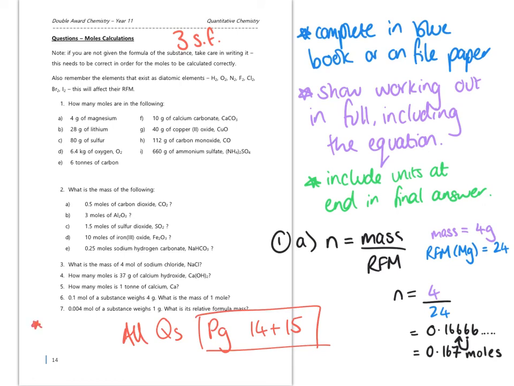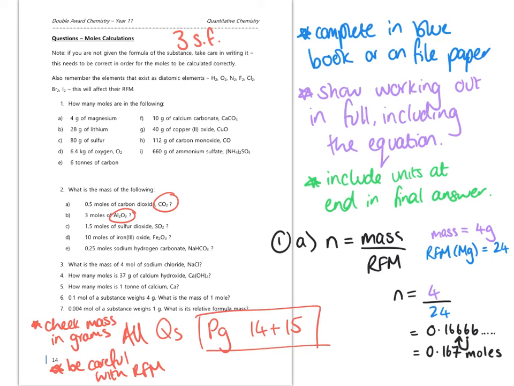Check the masses are in grams. And then also be careful with your RFM. So with all of these questions, you're given the formula of your substance, like CO2 or Al2O3. Just make sure you calculate your RFM really carefully, because if you don't do that right, then your calculation will obviously be wrong.